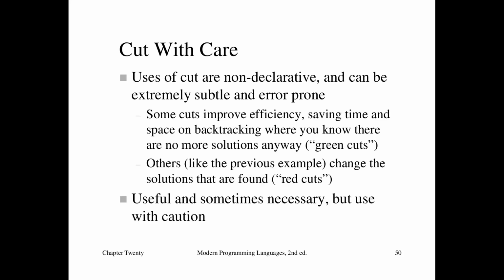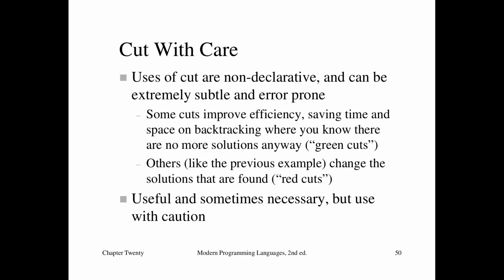The key trick here is we want to be very careful when we use cut, because it's non-declarative and extremely prone to errors. There are two different kinds of cuts. There's the green cut, which is used to improve efficiency, saving time and space on backtracking, and applies when there are no more solutions anyway.